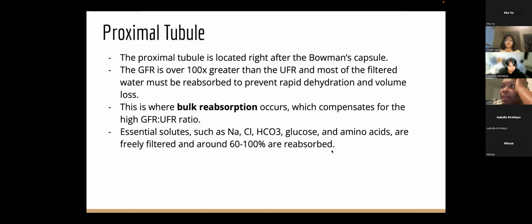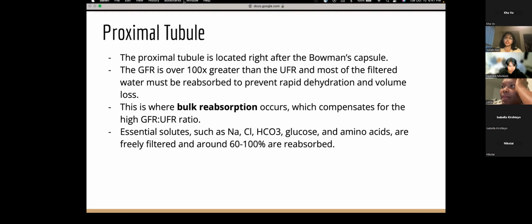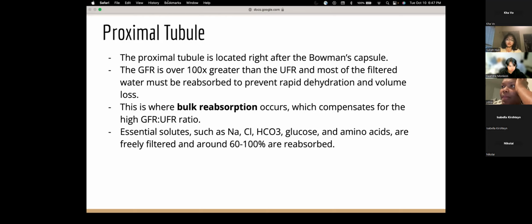And because you're taking in so much fluid into the renal tubules, most of it needs to be reabsorbed. So that's why the proximal tubule is where bulk reabsorption occurs. So a lot of water is reabsorbed, and then a lot of essential solutes, like the ones listed here, are also able to be filtered through with the water. So around 60 to 100% are reabsorbed.